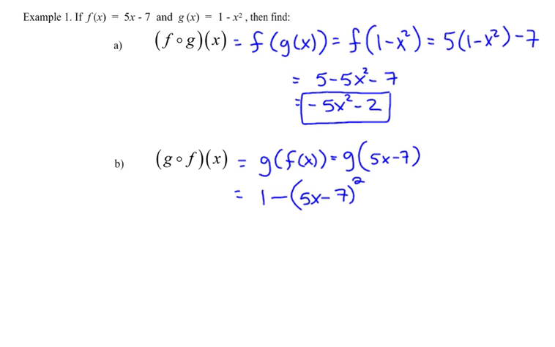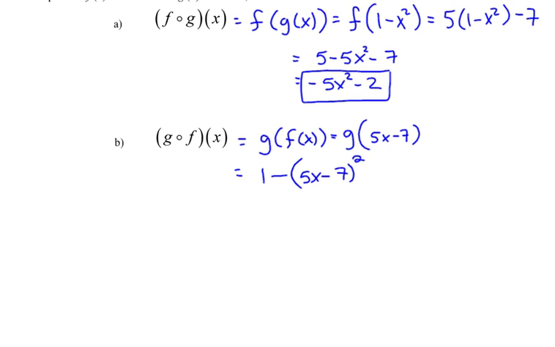So 5 minus 7? Okay, so you're going to have to FOIL this guy out, right? So this is a perfect square. 25x squared, and then this would be 35x doubled, minus 70x, and then plus negative 7 squared is 49.